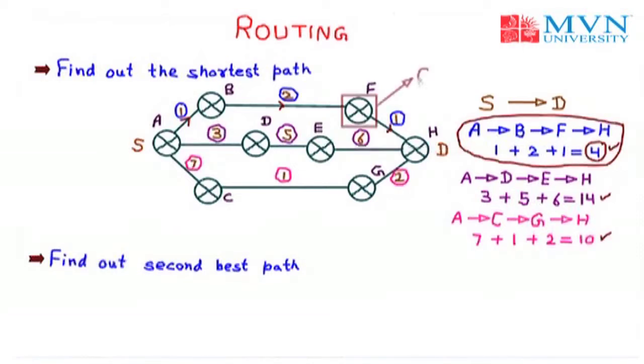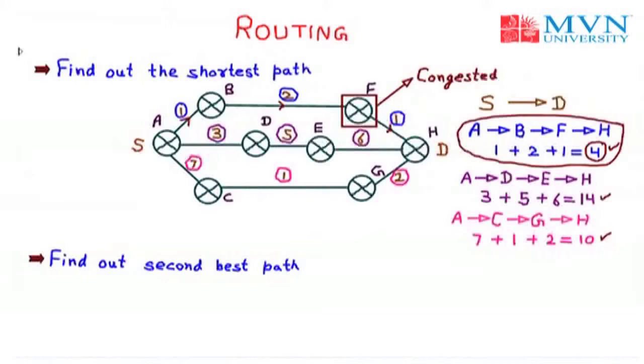Now what if router F is congested? If router F is congested, it will not pass any of the packets from router B to router H. In that case, it will take more time to pass the packet, so the path A, B, F and H, which is the shortest path, will not be considered the shortest path because it will take too much time.